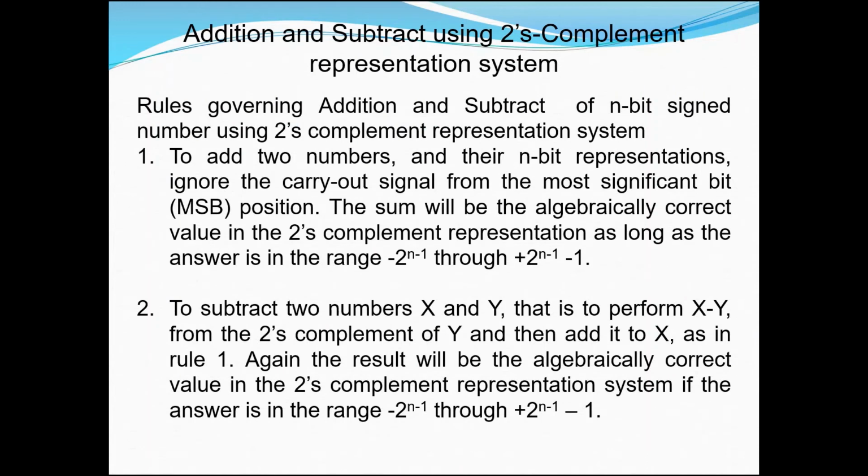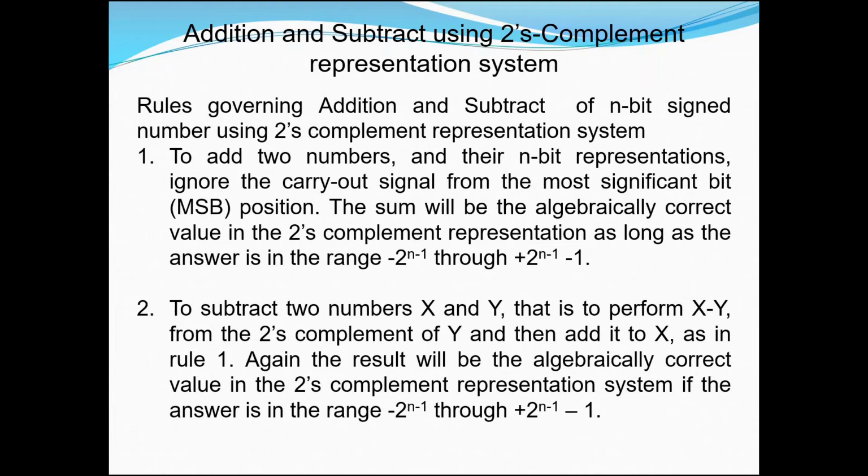So for addition and subtraction using 2's complement representation, we have a set of rules. Let's see what these rules are. Rules governing addition and subtraction of n-bit signed numbers using 2's complement representation. To add two numbers in their n-bit representation, ignore the carry out signal from the most significant bit, that is the MSB position.